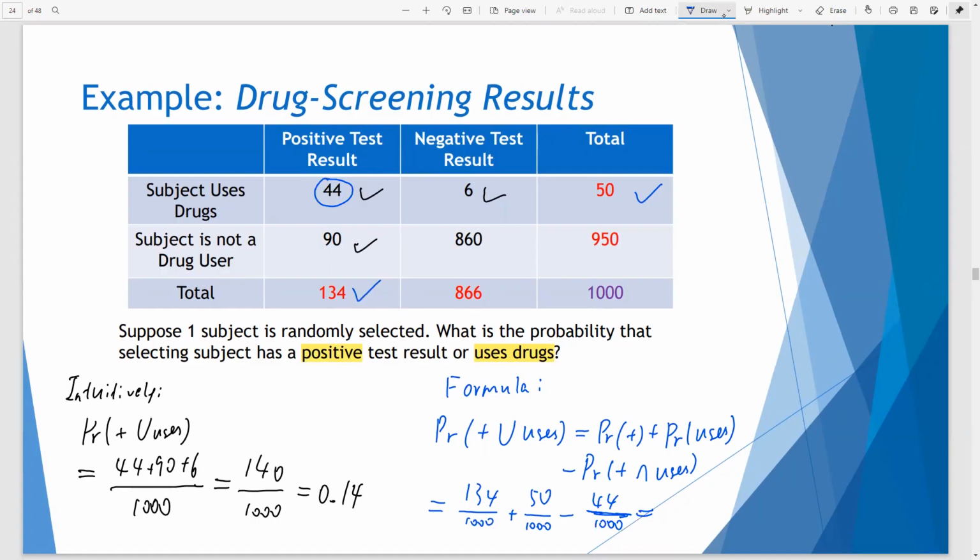So no matter whether you do it by formula or intuitively, in this question it should be the same result, 0.14. Maybe not a good idea to write blue color on the blue color.